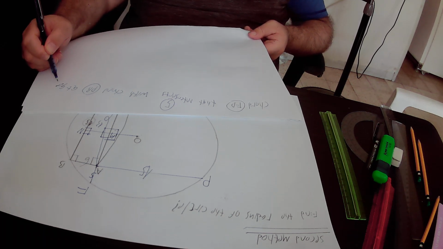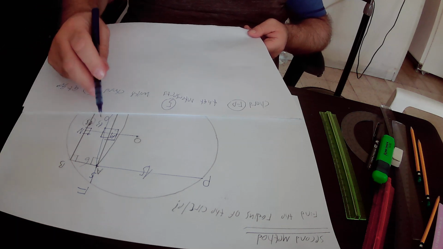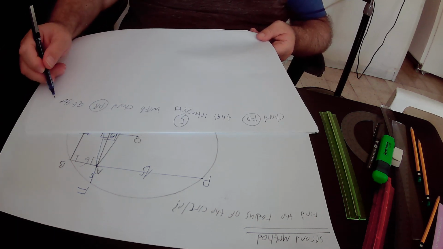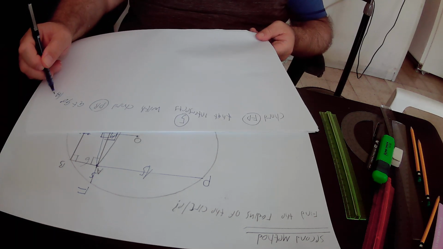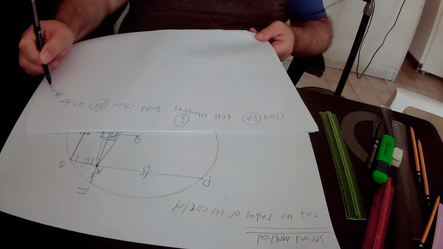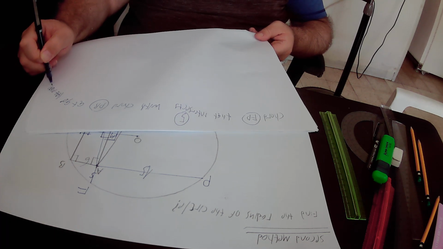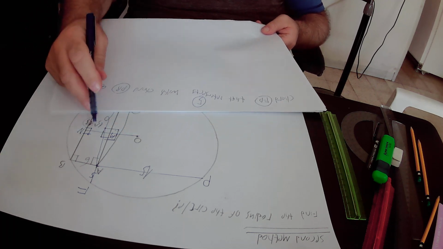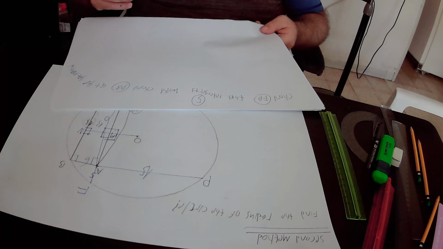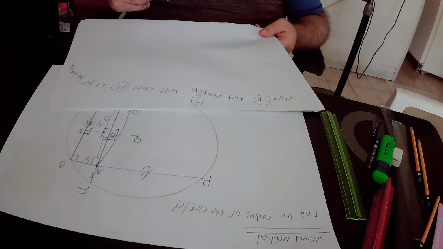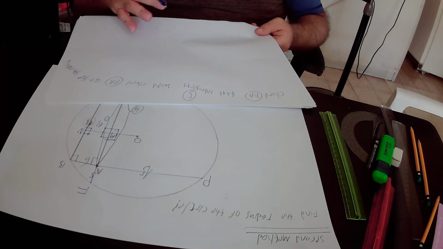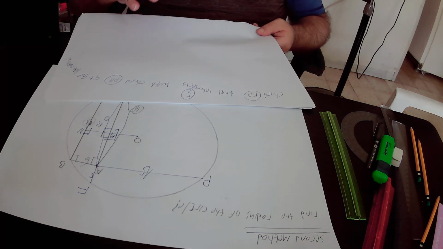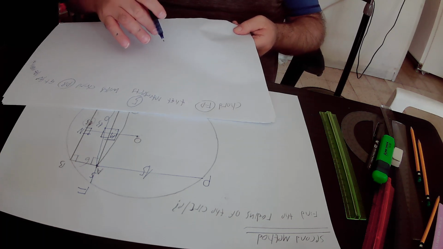They create between them at the intersection point, that is point A, 90 degrees, that is to say they are perpendicular to each other. Then, if two chords are perpendicular to each other, the following equation will be true.